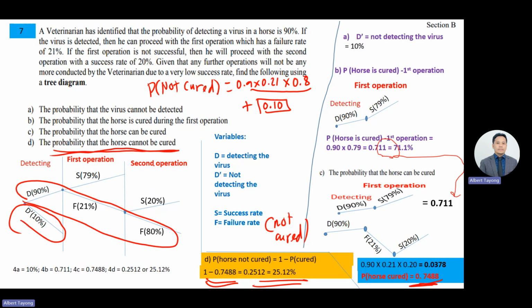This is for failure: 90%, 21%, 80%, plus, of course, this is also part of the failure when you're not able to detect the virus. So the answer is 0.2512, which is equal here, 25.12%. Okay, so that's it.